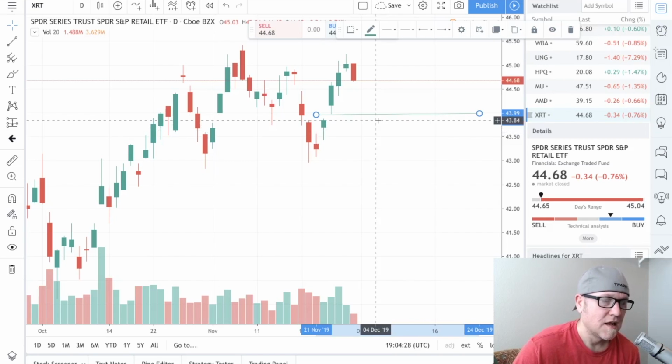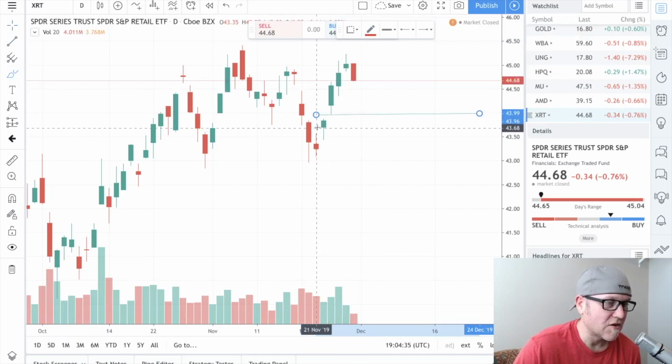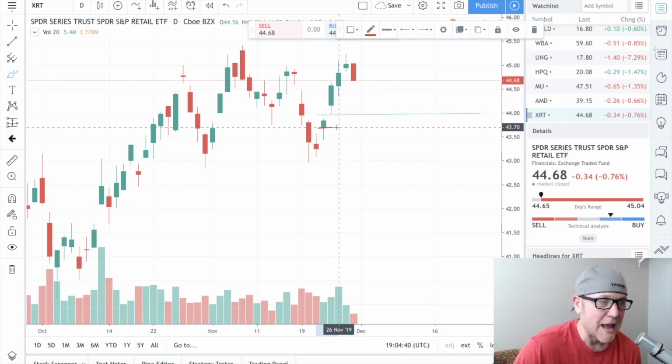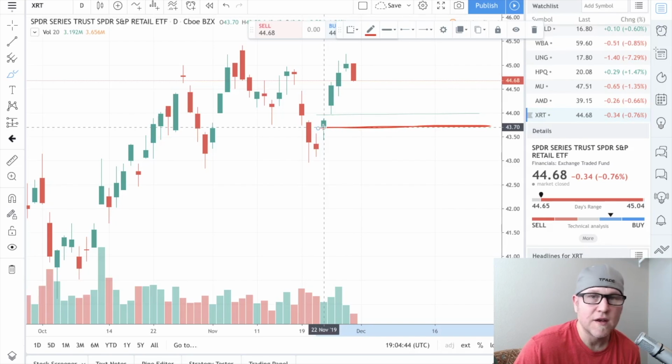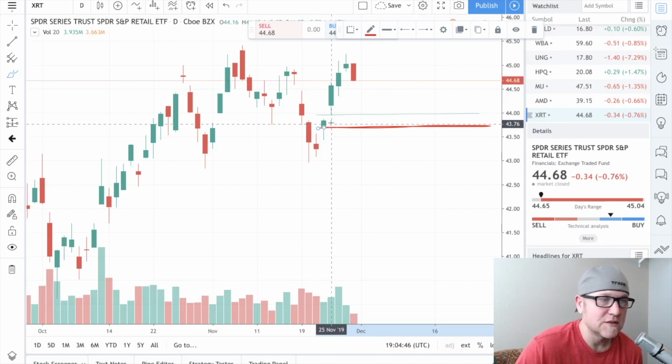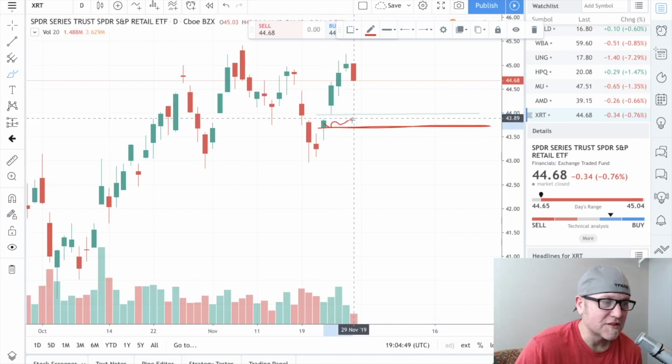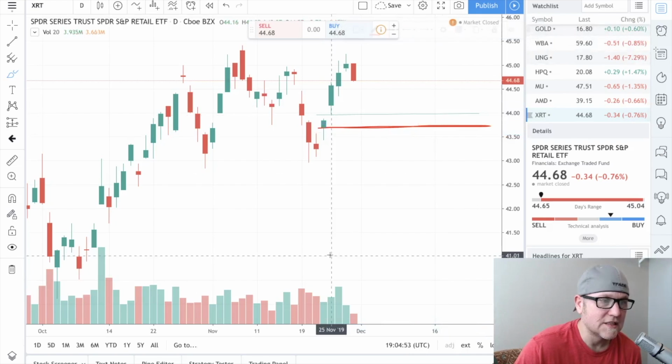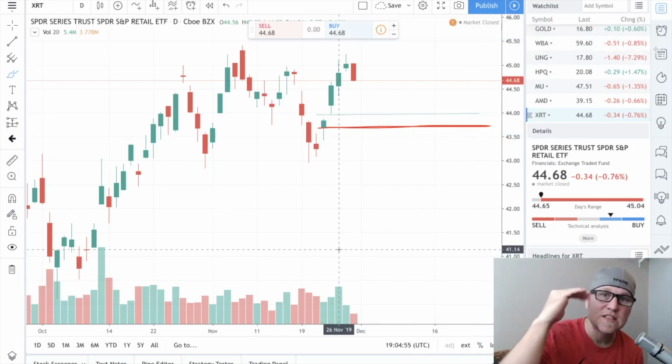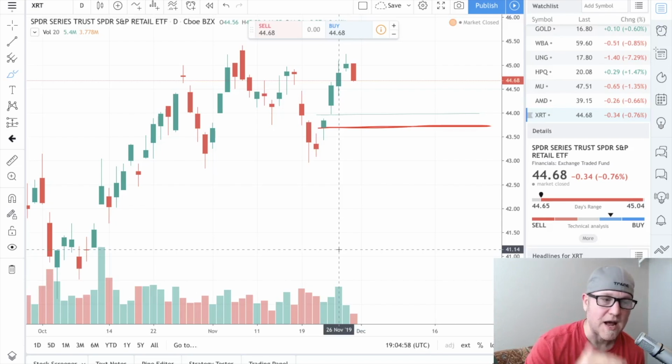Let's say we want to sell the 44, but what we're going to do is come down here about maybe 50 cents or a buck below and buy a put right there. See what I'm saying? So this is why it's called a spread. All of this area between these two lines is the spread between your sell and your buy. Clear as mud? Let me show you.